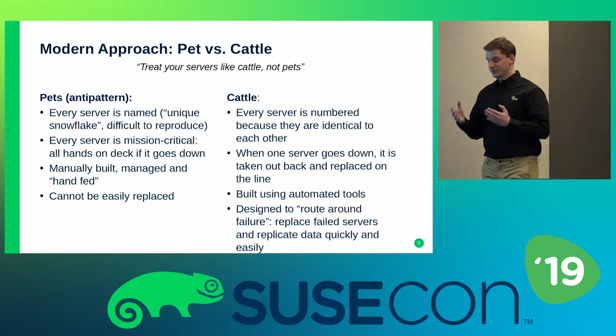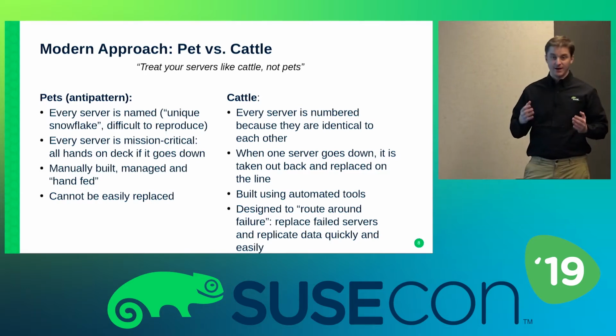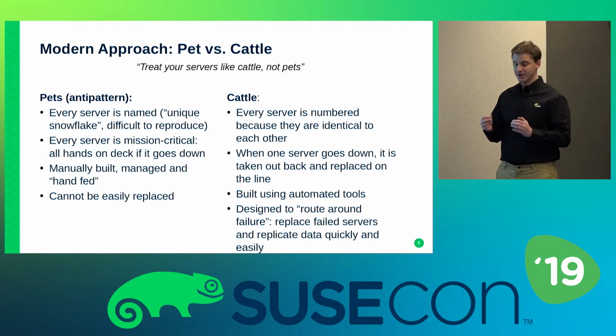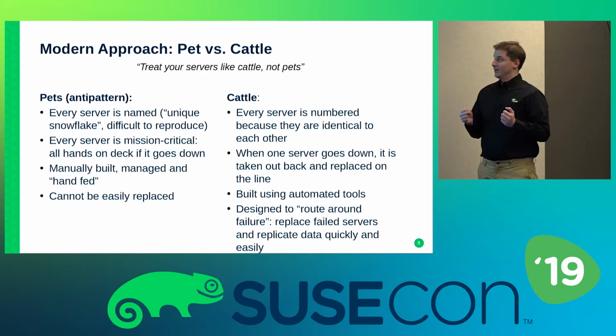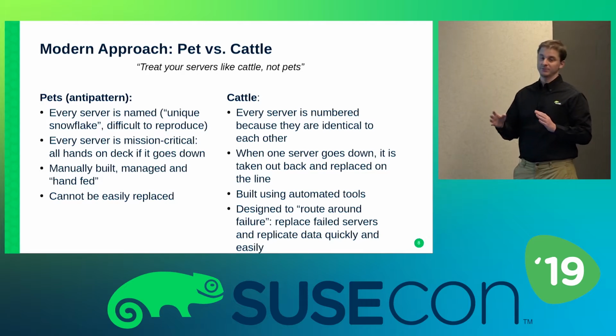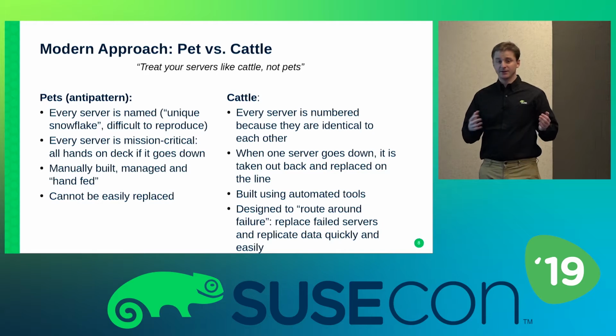Servers like pets are usually manually built and managed. So every day you check on their status, you're worried when they get sick, and your users are going to notice if one of your servers is sick. Cattle instead is a different story, because every server is numbered and they are identical to each other.